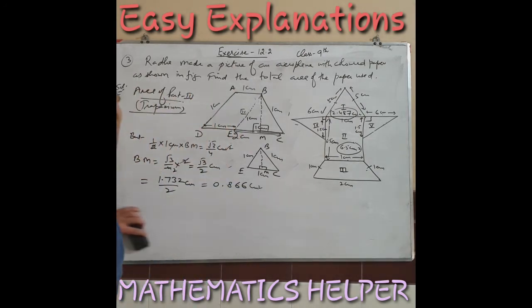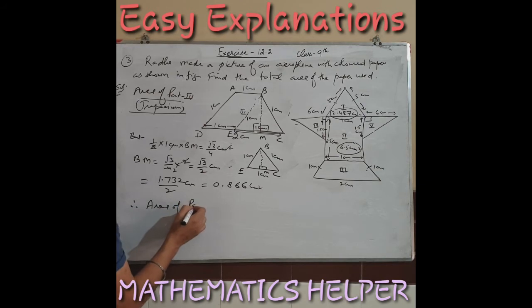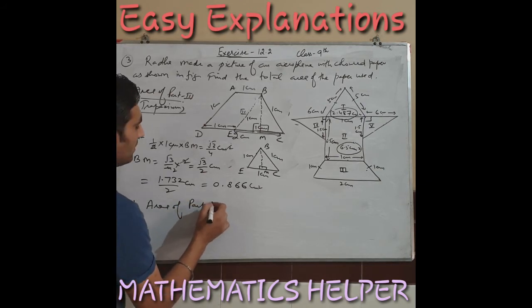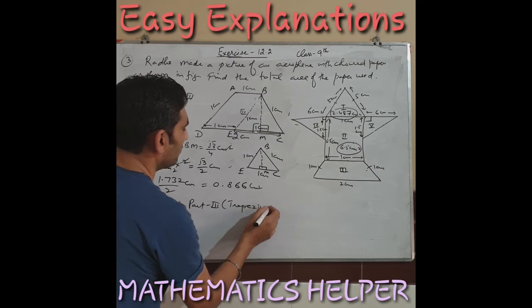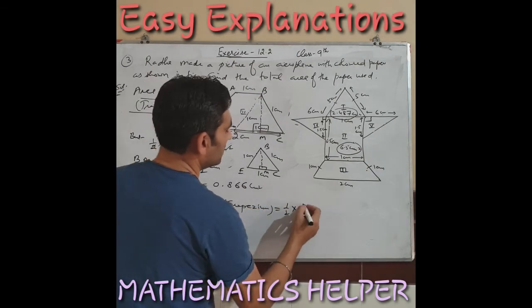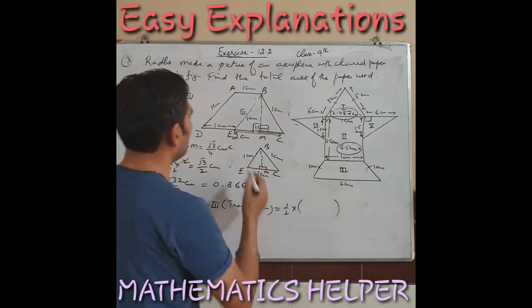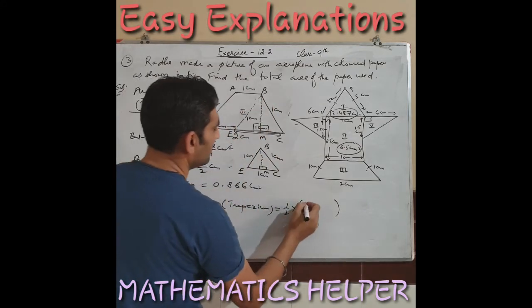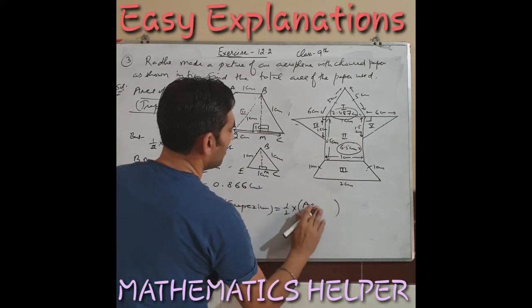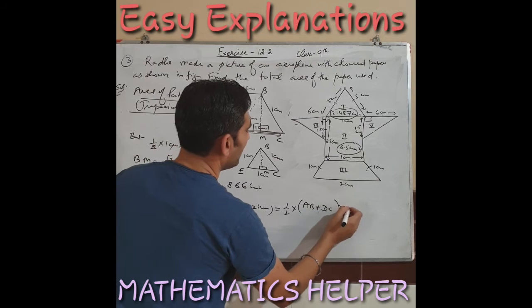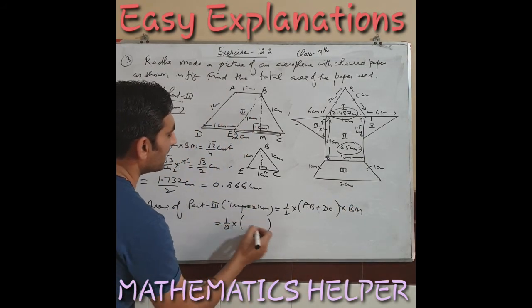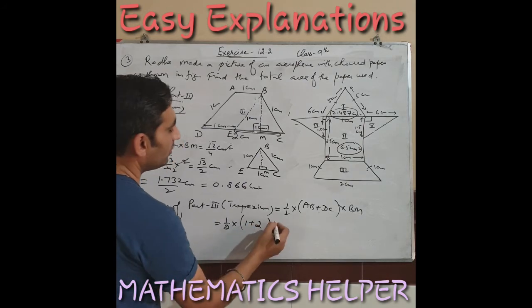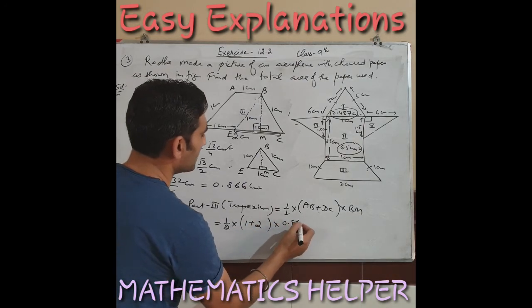Now we are going to write the area of this trapezium. Therefore, area of part 3, which is the trapezium. Now write its formula: half into sum of parallel sides into height. What are the parallel sides? AB and DC, and the height is BM. So half into parallel sides 1 and 2 into BM, which is 0.866.